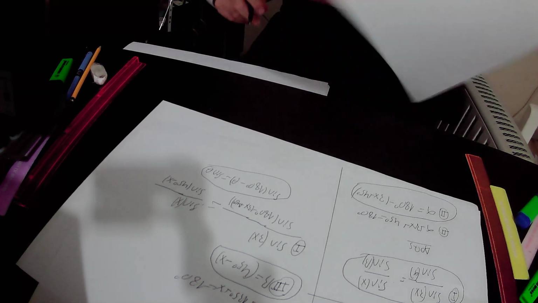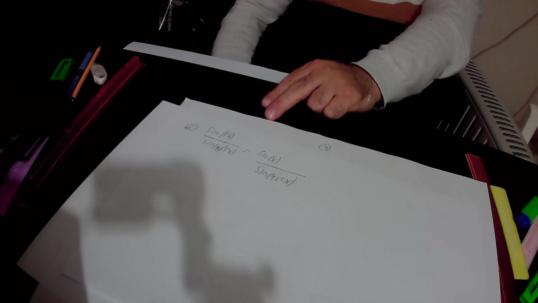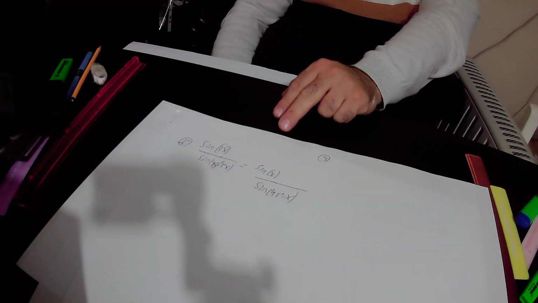I repeat again, we got that according to equation number 1, sine 3x over sine 45 degrees plus 3x equals sine x over sine 45 degrees minus x.